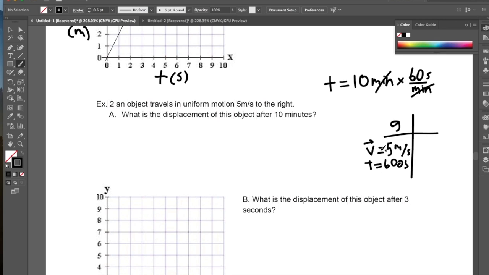So it's going 5 meters per second for 600 seconds. We want to find the displacement. If you remember from our little velocity triangle, if we want to find the displacement, we can multiply the velocity times the time.